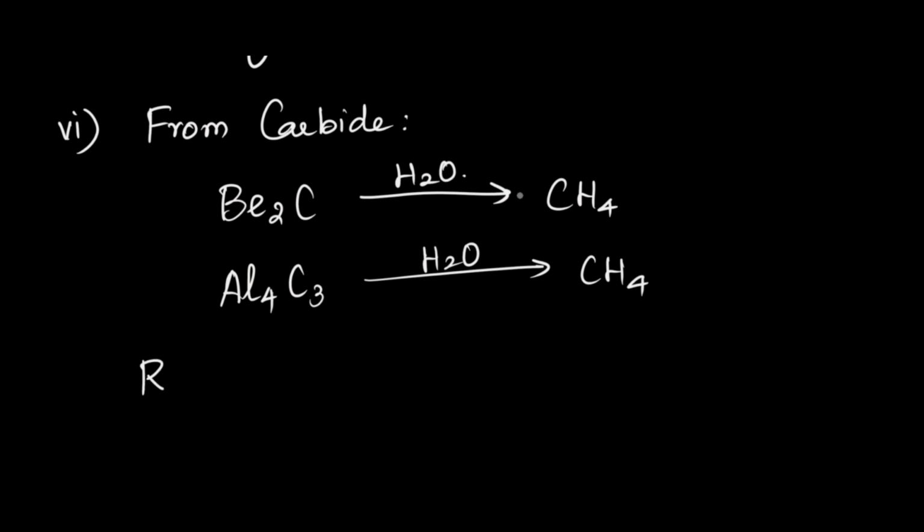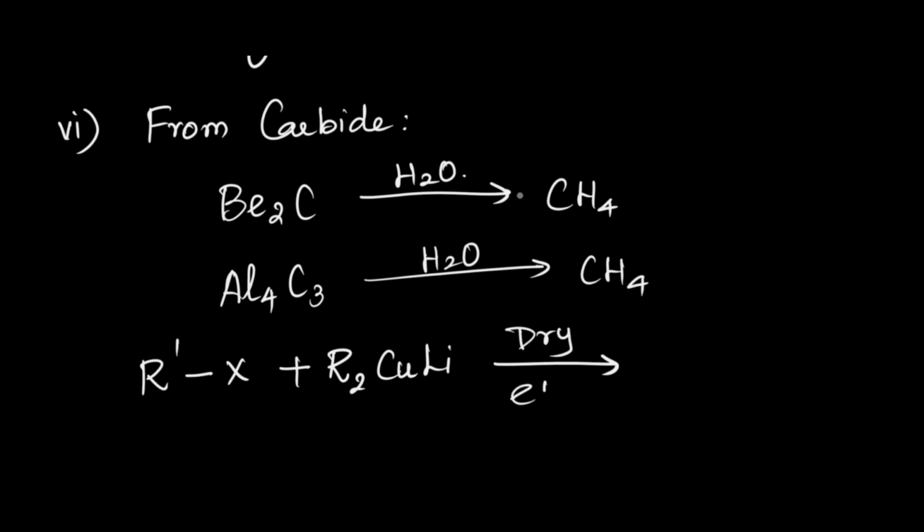And the reaction is that R dash X with R2CuLi, which is again an organometallic compound, in the presence of dry ether, which will produce R dash with R, so variant alkyl groups.